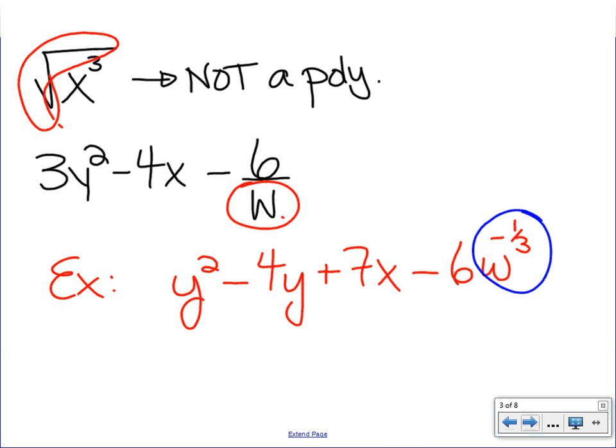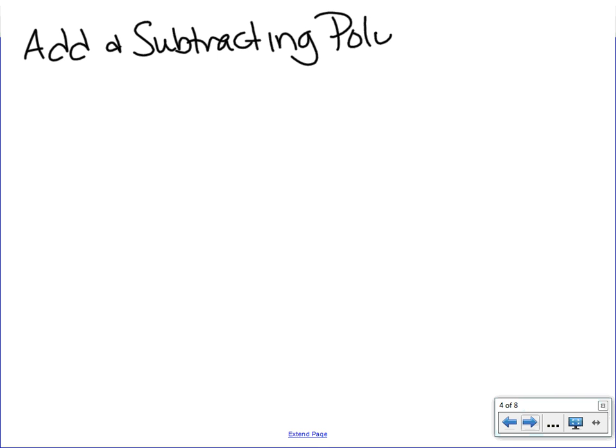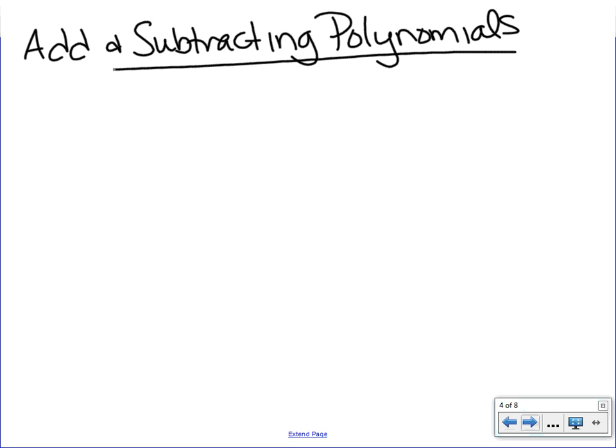The next thing we talked about was adding and subtracting polynomials. When we add and subtract polynomials, we need to make sure they have the same base and same exponent.